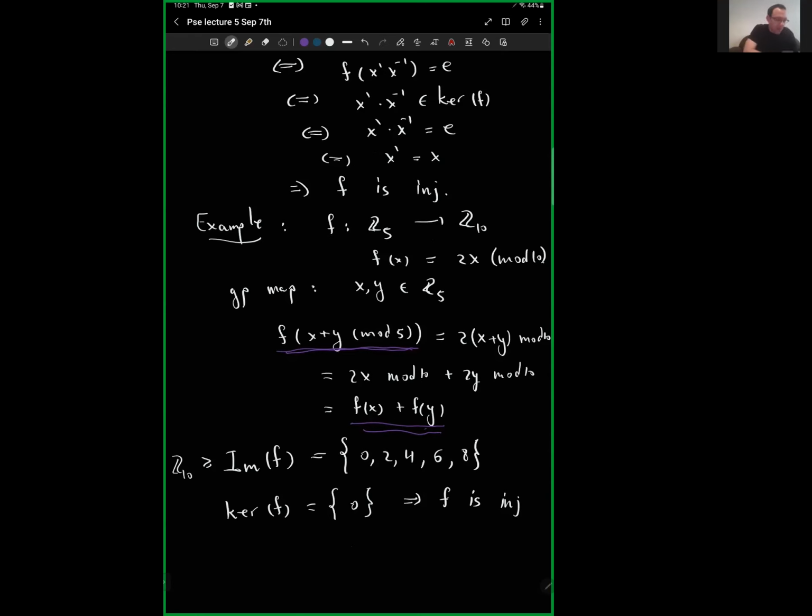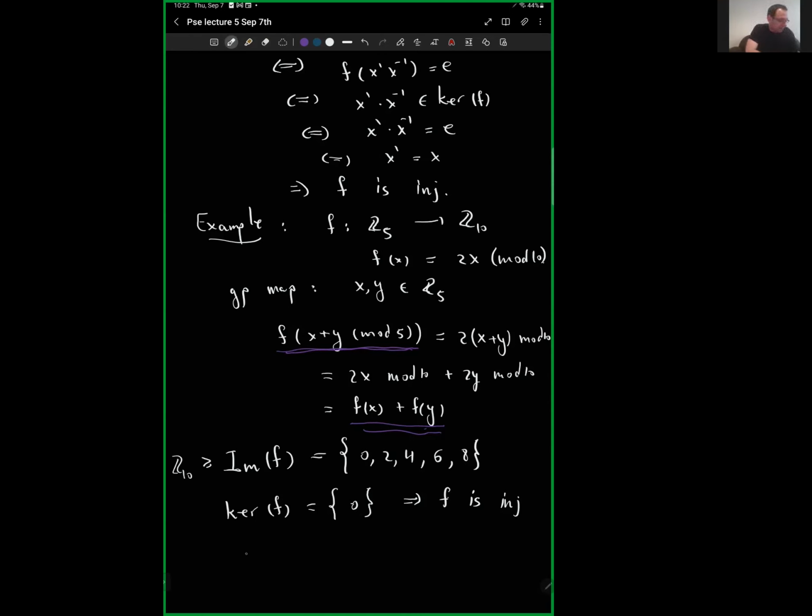And as I said earlier, any subgroup is a group in its own right. Because if you restrict the binary operation from the ambient group to the subgroup, you have all the axioms of the group satisfied. So you could view image f simply as a group in its own right.